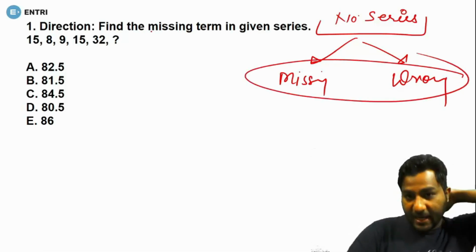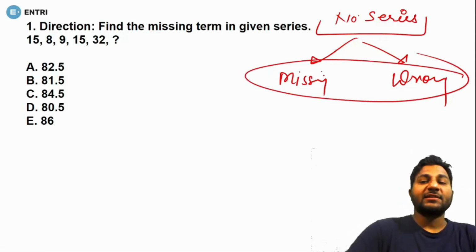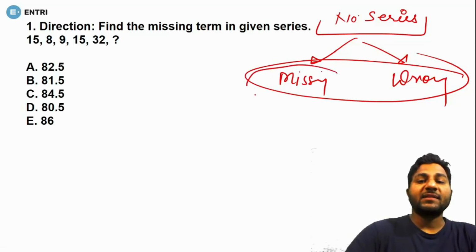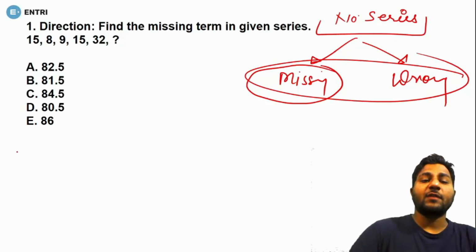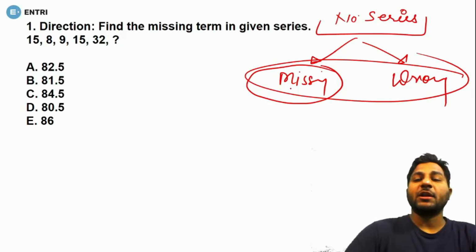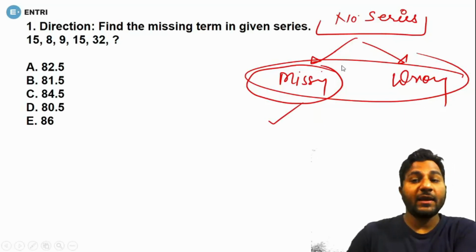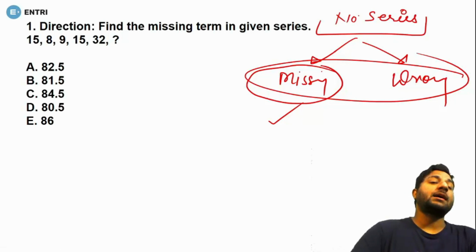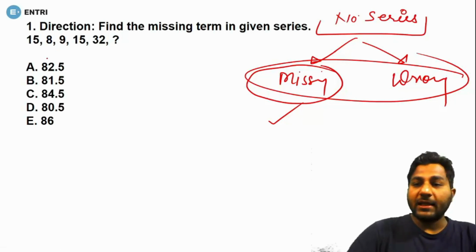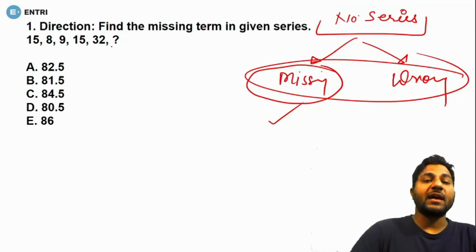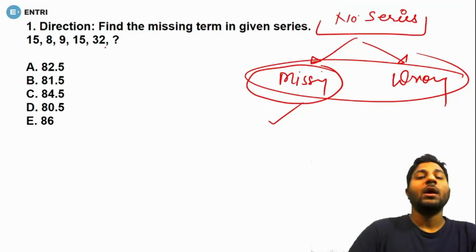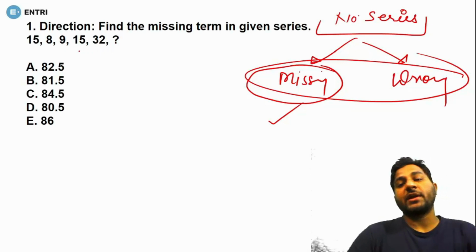Most likely you will get missing number series, because it is the easier one and the majority of examiners ask it. A wrong number series might be lengthy, because you have to check the whole series, while here you just go to the pattern and straight towards the last.